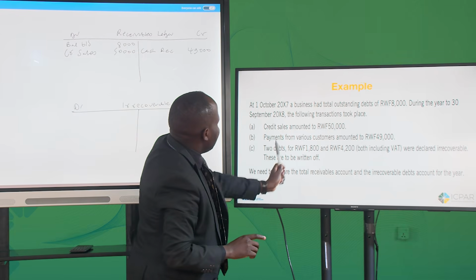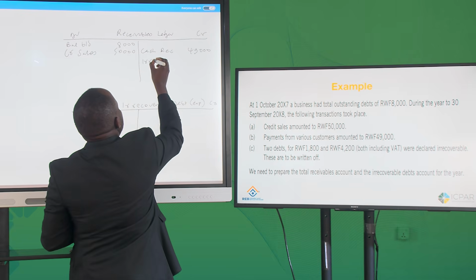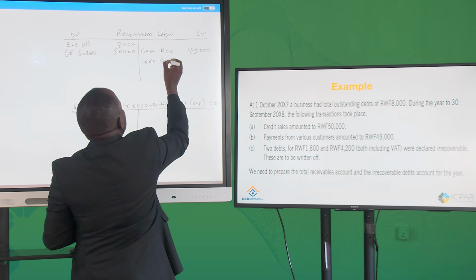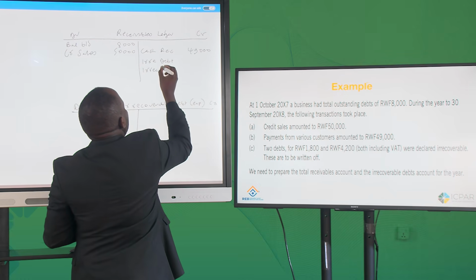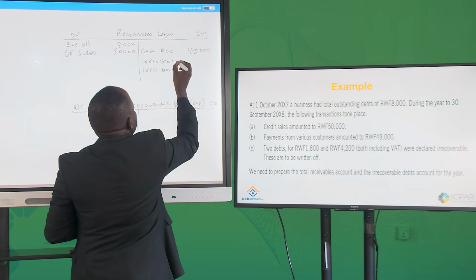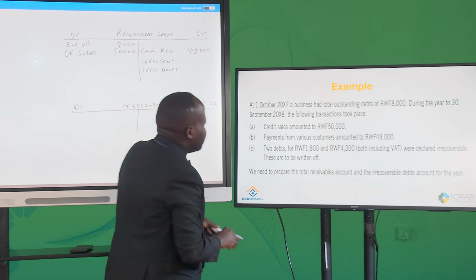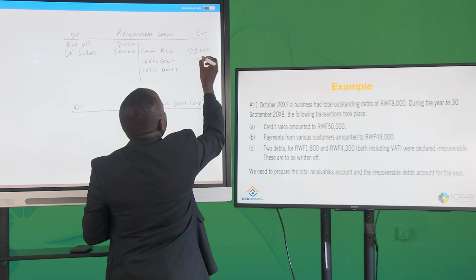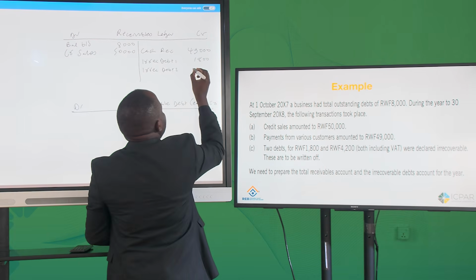Then there are 2 debts. So irrecoverable debt 1 and irrecoverable debt 2. I'll just call them debt 1 and debt 2, of 1,800 and 4,200.